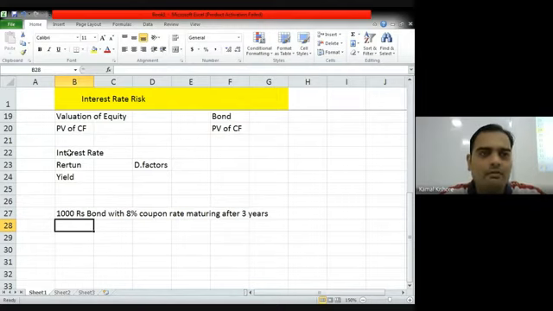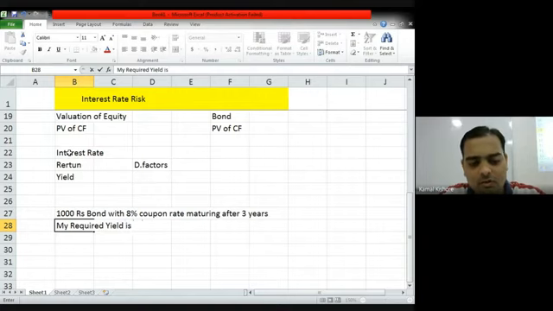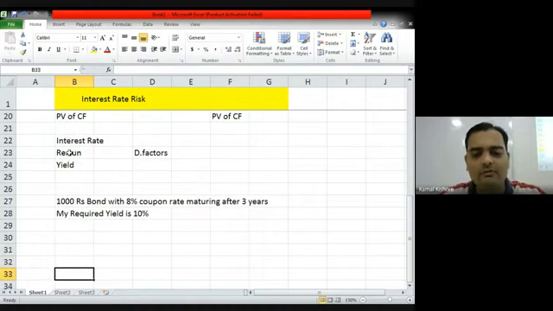A 1,000 rupees bond means the face value of the bond is 1,000 rupees. With 8% coupon rate, maturing after 3 years. My required yield is, let's say, 10%. Calculate the value of this bond.